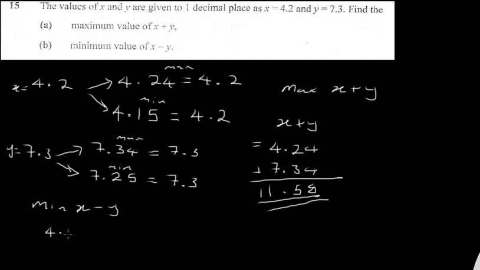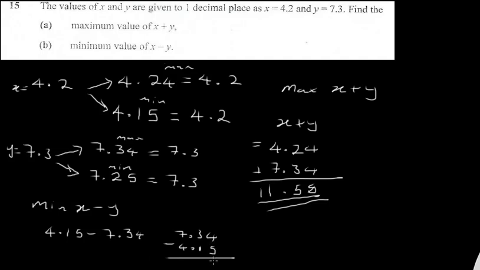So we'd say 4.15 minus 7.34, right? And we can simply say 7.34 minus 4.15, and we just add a negative sign to the answer.